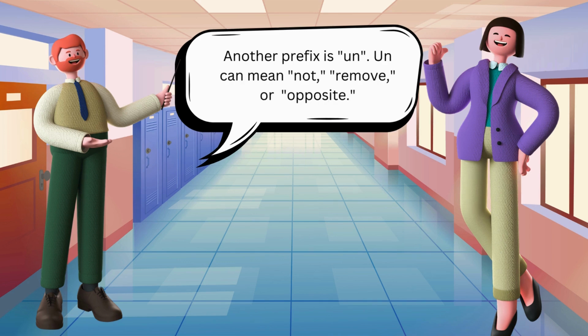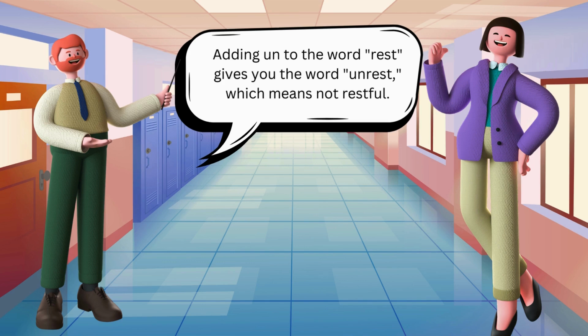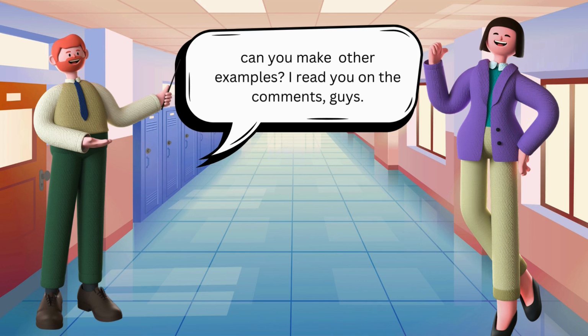Another prefix is un and can mean not, remove, or opposite. Adding un to the word rest gives you the word unrest, which means not restful. Can you make other examples? I'll read you in the comments, guys.